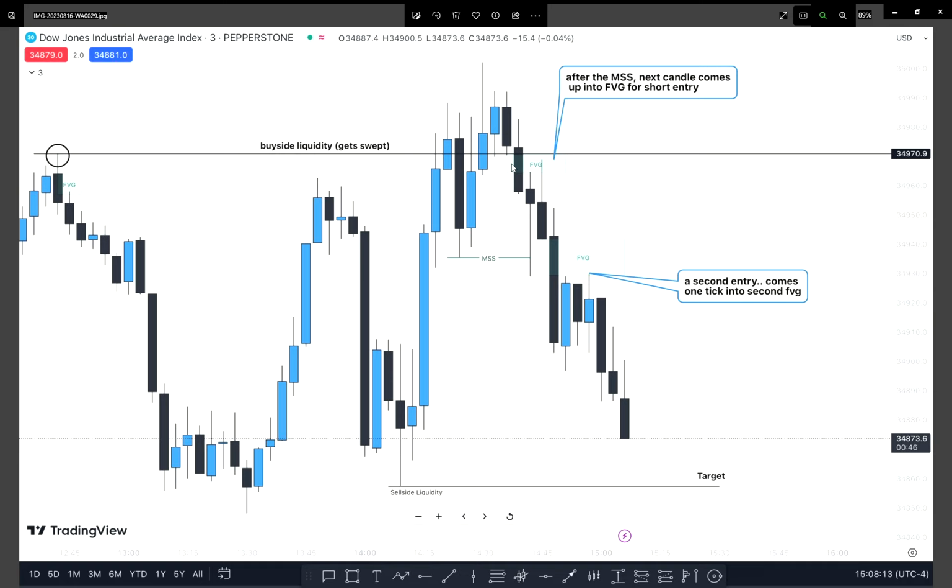So in this case, banks want to sell into the retail buy side liquidity. So when buyers, retail traders or retail investors, want to buy here, he talks about banks wanting to sell into that.